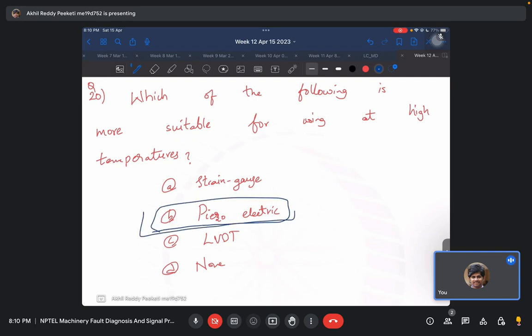Piezoelectric is more suitable for higher temperatures because it is made from ceramics which have very low thermal expansion coefficients.